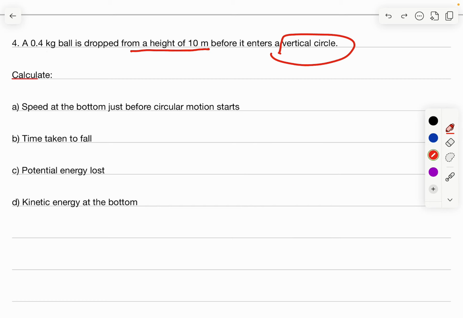A half circle, meaning we are going to have something like this. Understand? Something like this. I want to make a beautiful circle for you to understand easily.